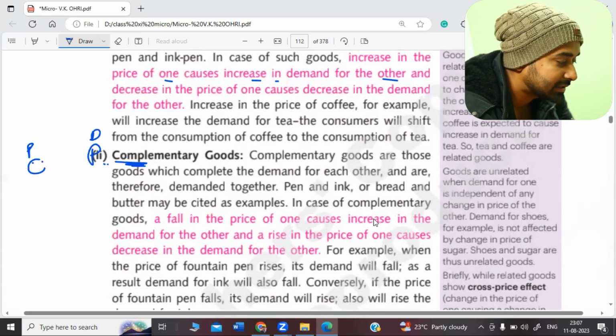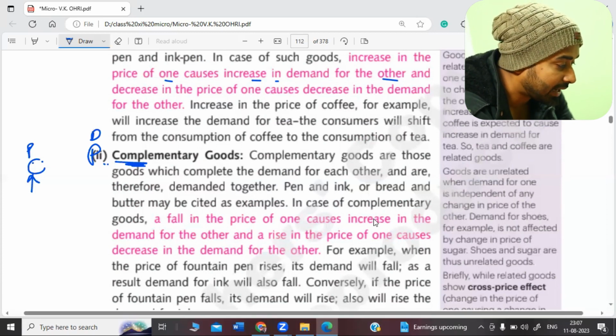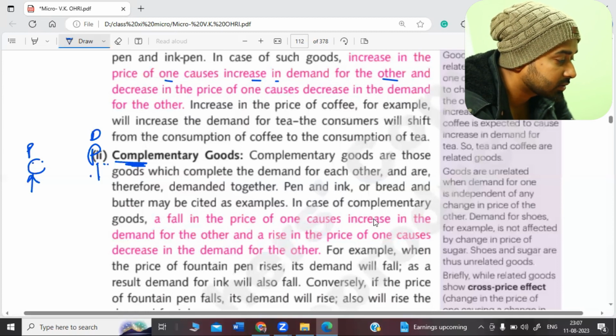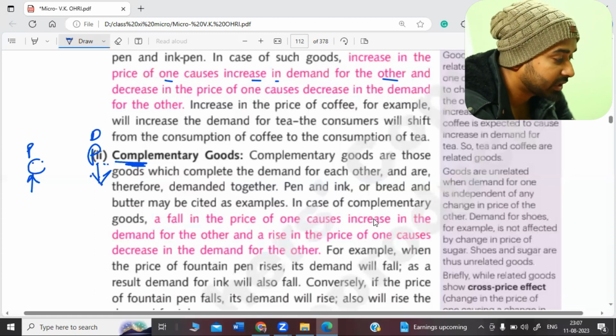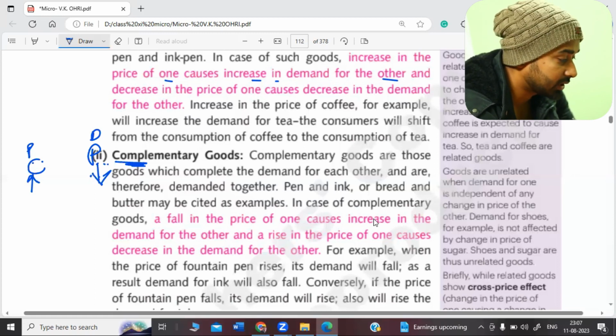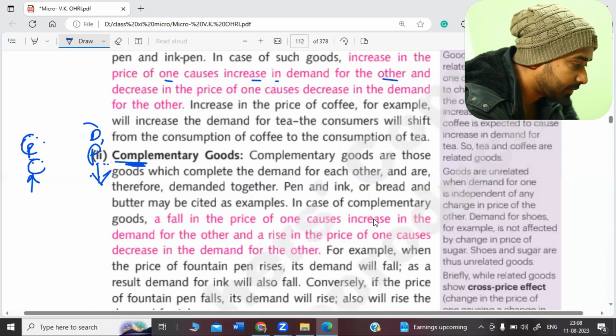Now if car price increases, people will not purchase petrol also, because people are not purchasing the car. So car price increases, petrol demand will decrease. Which relation? Negative relation. So substitute goods was positive relation, complementary goods is negative relation. So when car price increases, quantity demanded decreases, right?